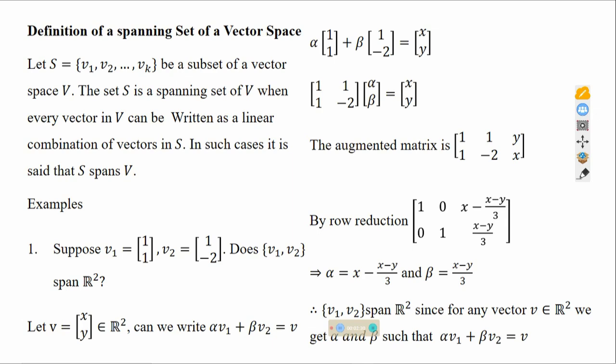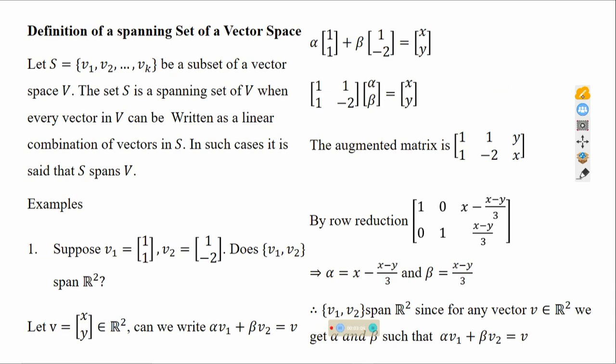Now, let us consider vectors V1 and V2. So we are saying suppose V1 and V2 are given as that. So we need to show whether the given set containing V1 and V2 will actually span R2. So let us look at what we can basically do in order to show that.